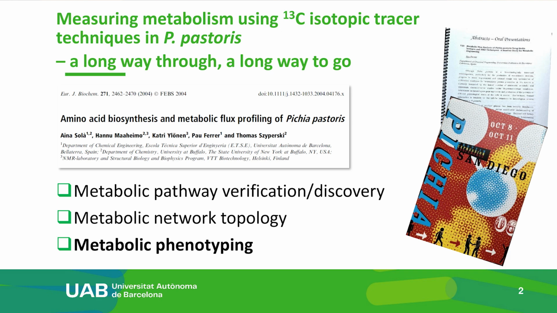Okay, so as you heard from Dieter, carbon-13 isotopic tracer techniques can be used for metabolic pathway verification and even discovery. Also to assess metabolic network topologies, meaning to see which pathways are active or not in a given growth condition.